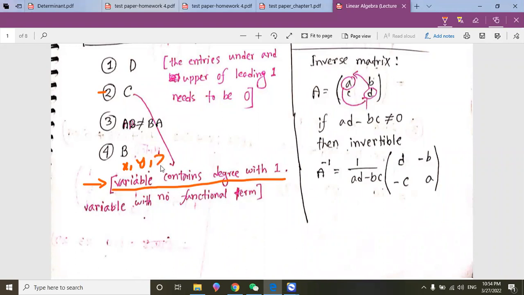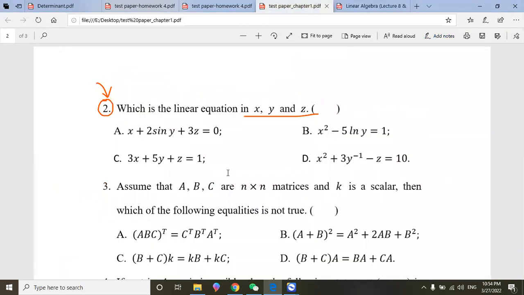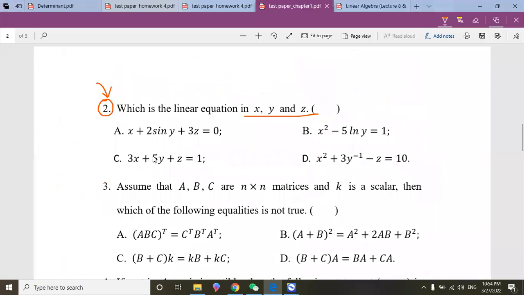Degree means power. For example, here the degree of x is 1, the degree of y is also 1, and the degree of z is also 1. Here the degree of x is 2. Here the degree of y is -1. This is called degree or power.